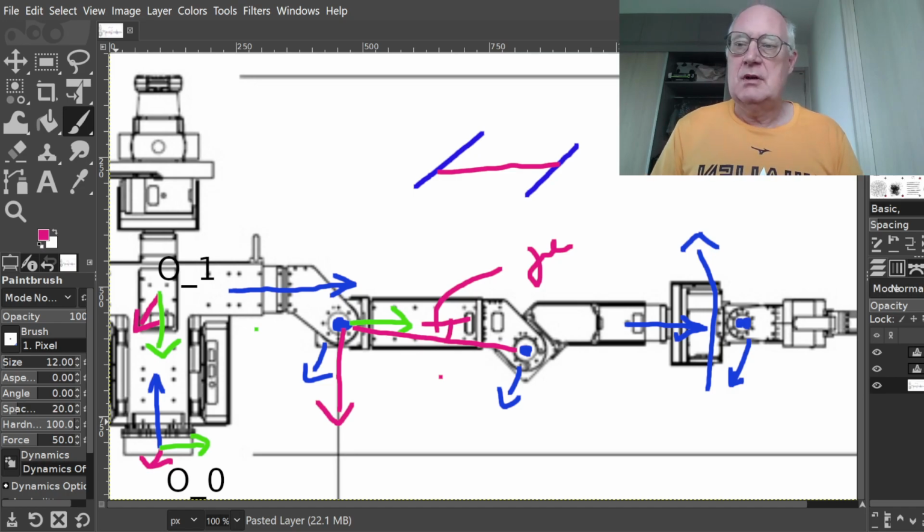So we rotate around Z2 by 90 degrees minus the angle to the elbow.